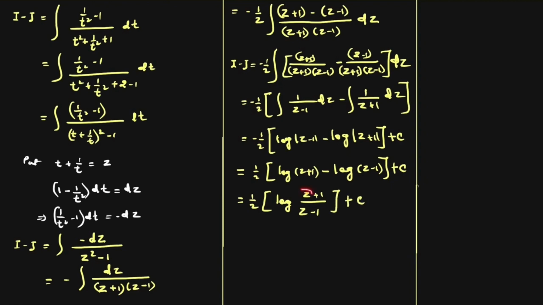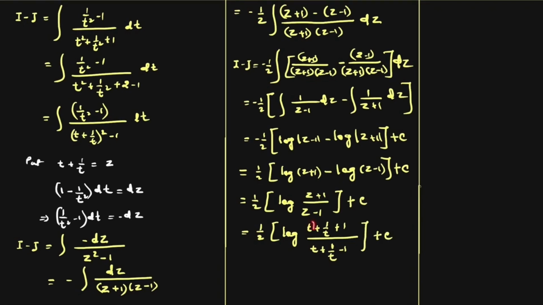So we know that z we are able to write as t plus 1 by t. So in the place of z we are able to write t plus 1 by t. So 1 by 2 log, in the place of z we write t plus 1 by t plus 1 divided by t plus 1 by t minus 1 plus c.